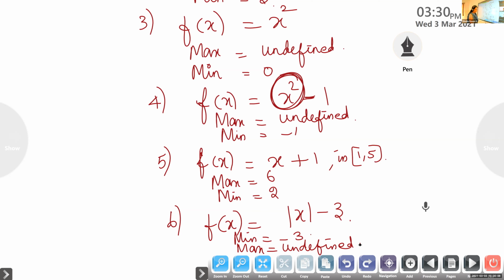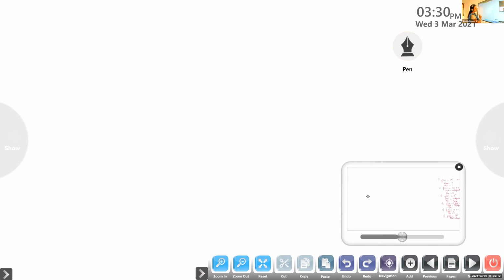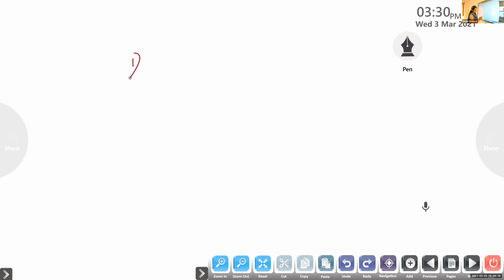Now I will give another question. This type of question you can expect for 1 mark. Now write down and find out the answers here. For the function x cube plus 1, what is the maximum value?